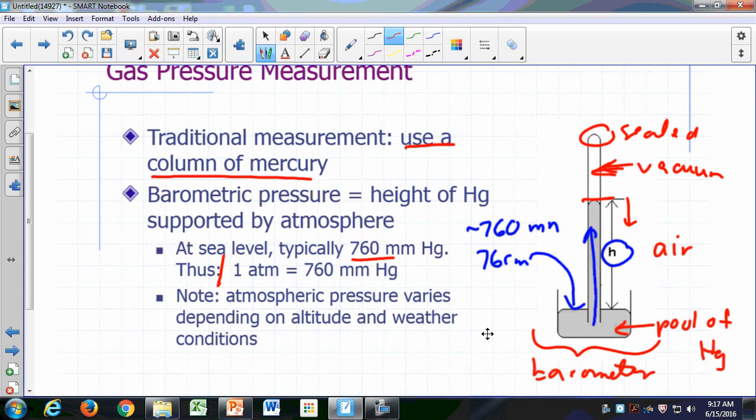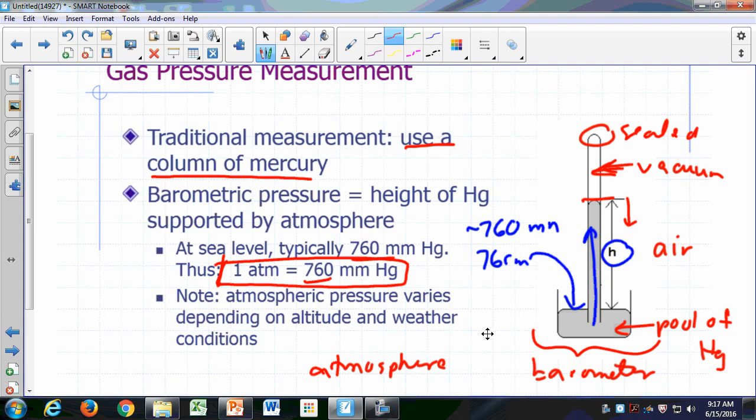So 1 atmosphere, okay, ATM is the abbreviation for atmosphere, it's a unit of pressure, is defined to be exactly 760 millimeters mercury. Okay? Now, when we're talking about atmospheric pressure, it's somewhere around 760 millimeters mercury. It's not exactly 760 millimeters mercury. The unit 1 atmosphere is defined to be exactly 760 millimeters of mercury.